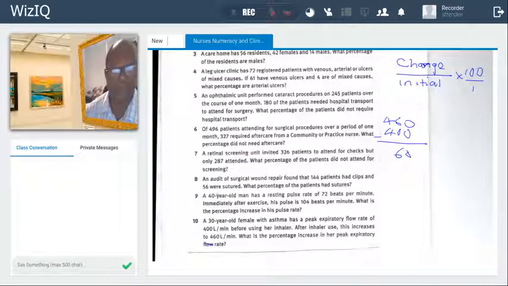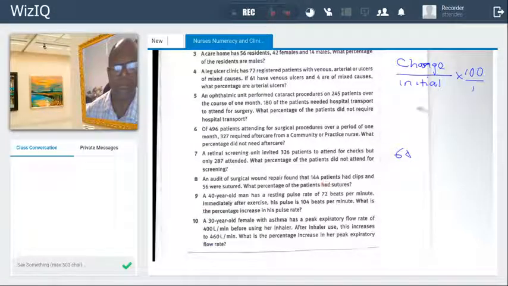And initial is 400. So therefore, we're going to substitute this into the formula we have put up there. So change is 60, divided by initial, which is 400.